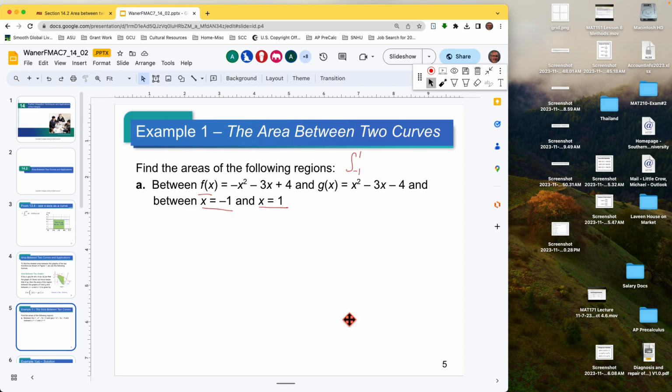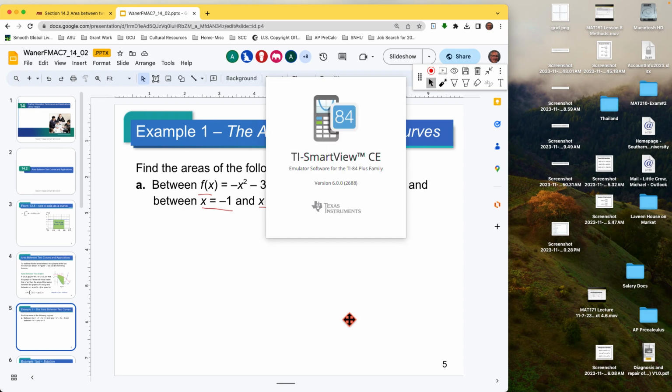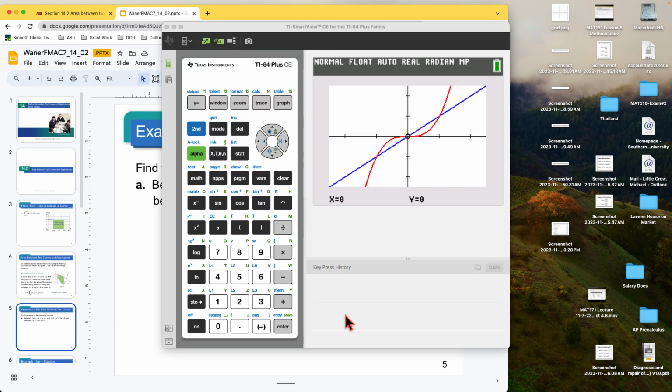Again, you could use decimals. It's nice if you have a color version of a graphing calculator, because then you can do a red and a blue curve, and it's easier to see. If you have a black and white version, it'll work. You'll just have to pay attention while it graphs to see which one comes first.